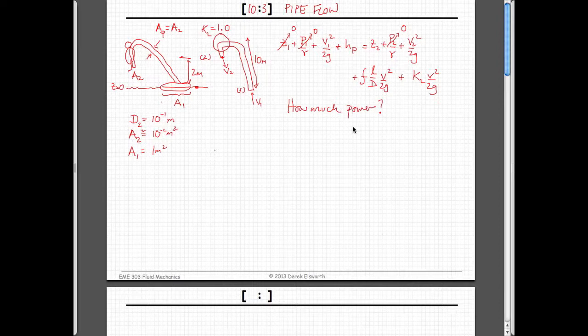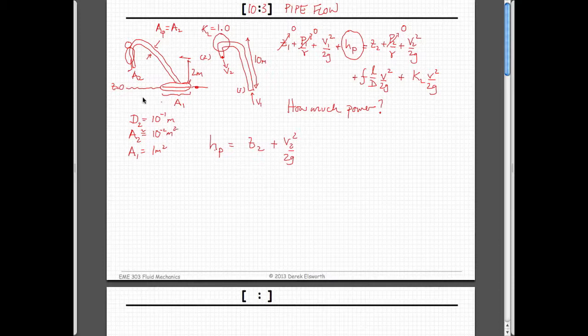That's a simple question. So we could rearrange everything in terms of that term. So the pump head that we need is going to be equal to Z2 plus V2 squared over 2G.